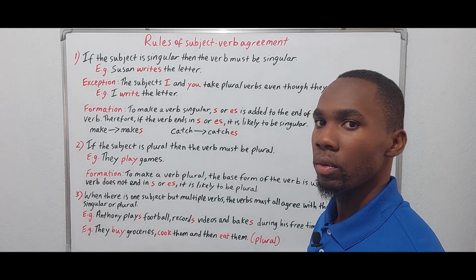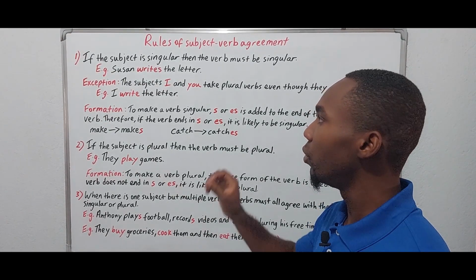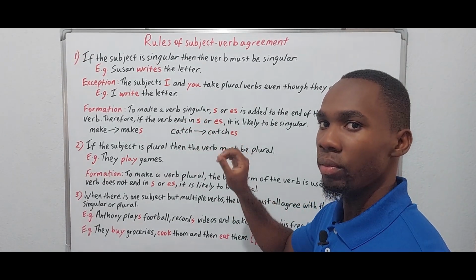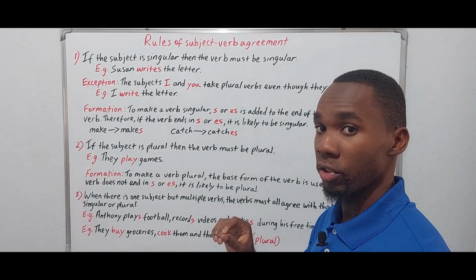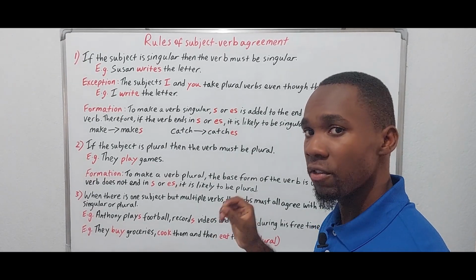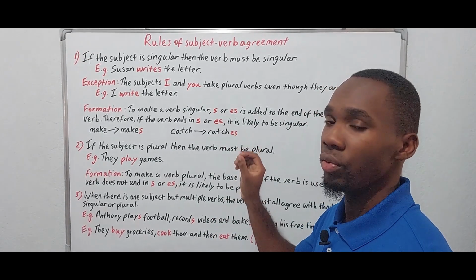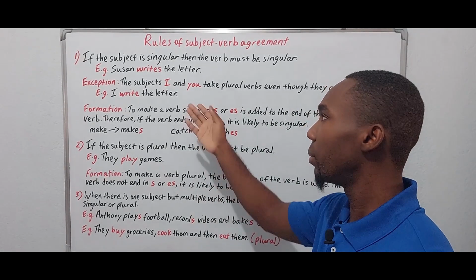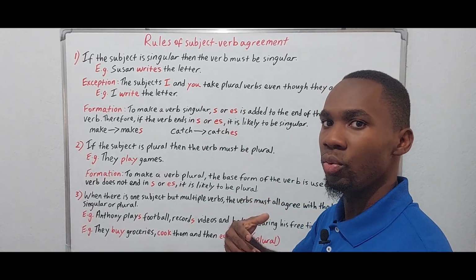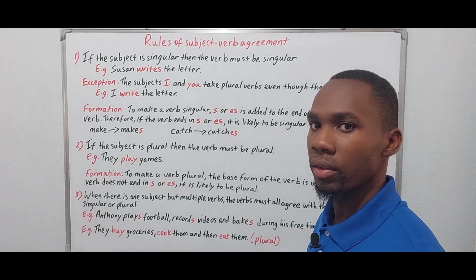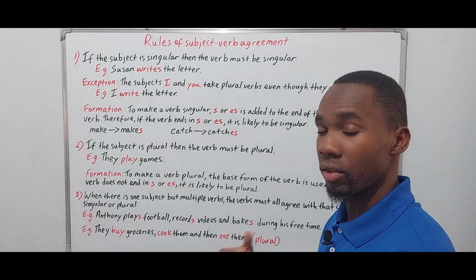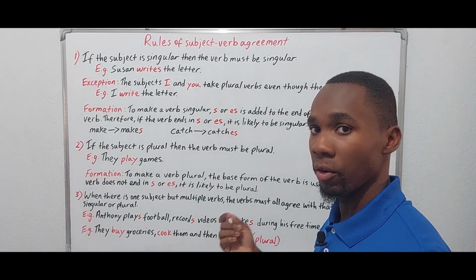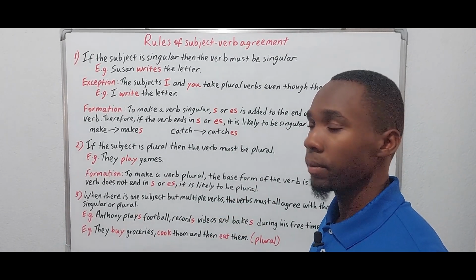No. Whatever verb we use with I and you must be plural, even though I and you are singular subjects. Well, you can be plural, but you can also be singular. But even if it's used to refer to one person, you still use the plural form of the verb. Okay?